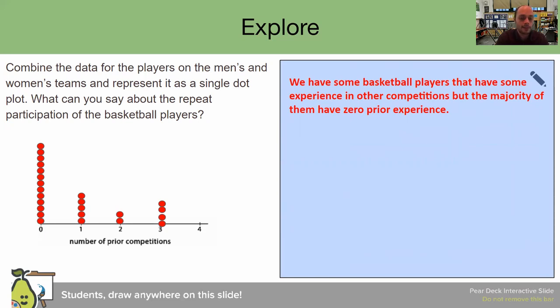There are a lot of observations here. For example, you can say the number of athletes who have 2 prior competition experience is less than the number of athletes who have 1, 3, even 0 prior competitions. All right. So there's a lot of different answers you can come up with here, as long as it matches the information presented to you on the dot plot.